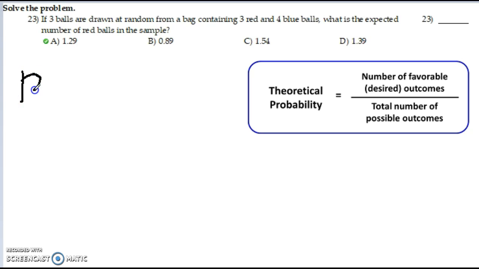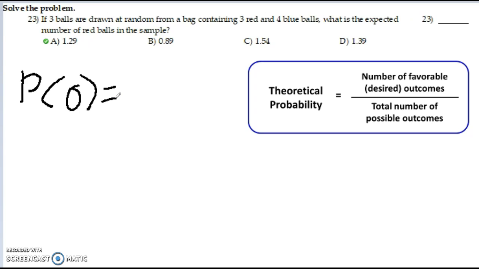The probability of 0 balls is equal to the number of favorable outcomes over the total number of possible outcomes. So, how many ways can I get 0 red balls if I draw 3 out of a group of 7?